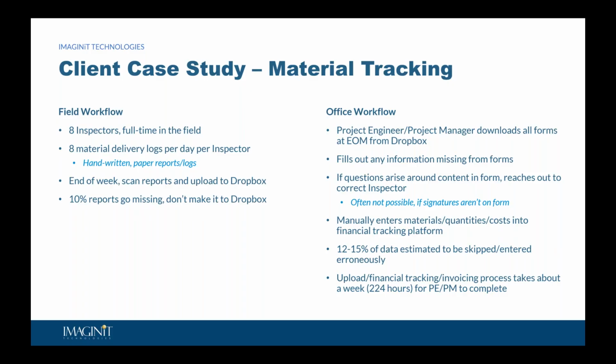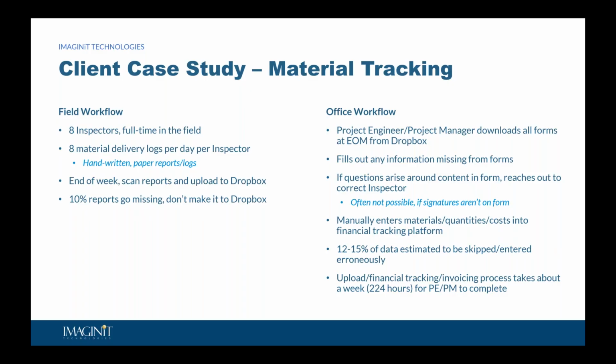Okay, so on the office side, once those logs had been uploaded into Dropbox, the project engineer responsible for doing all the financial tracking of deliveries on site, or in other instances maybe a project manager, is left with the really fun task of downloading all of those forms at the end of the month. And then that person had to review every single one.